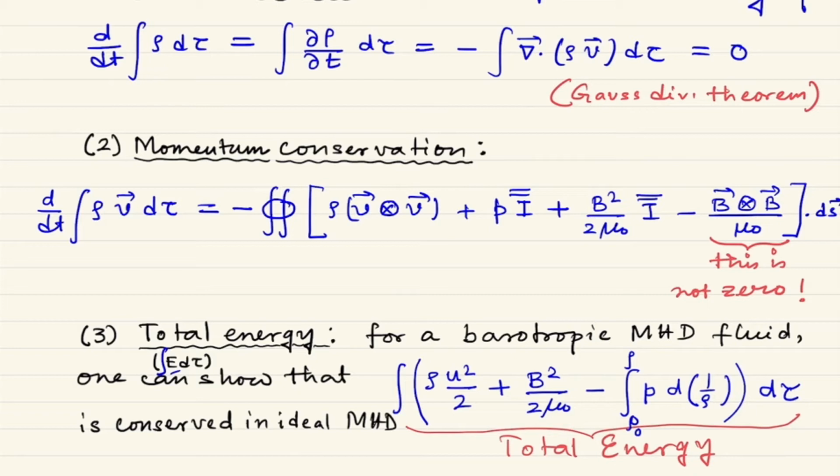Minus, there is another quantity which comes due to the compressibility of the fluid. Inside the integration, this is the total energy density function, which will then be integrated over d tau.